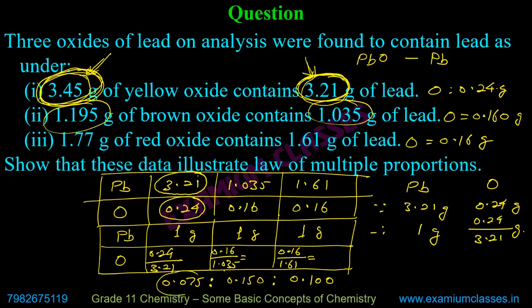Now here you see something. If you multiply this by 2, you get 0.15. 75 into 2, just simplify. I'm writing it, 150. It is 0.075 is to 0.150 is to 0.100. First of all, remove decimal places.